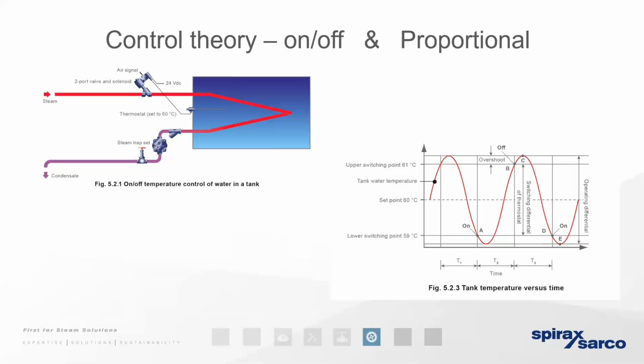So in the example that you can see on the bottom right-hand side of the screen, we would express that as having a 2-degree proportional band or overshoot. Now, some processes can live with that proportional band. Others can't.